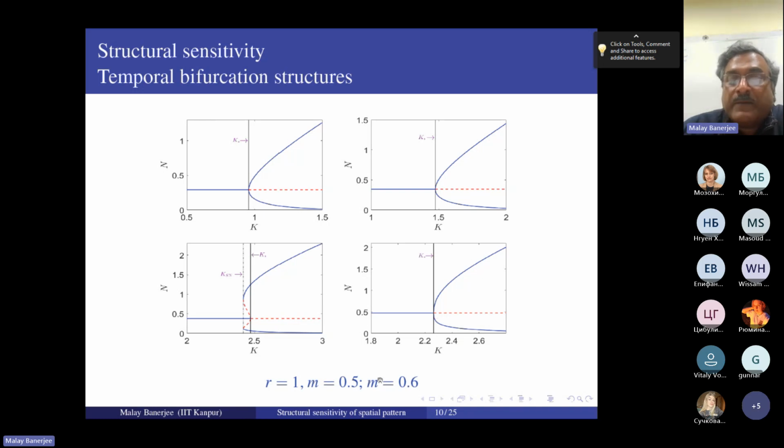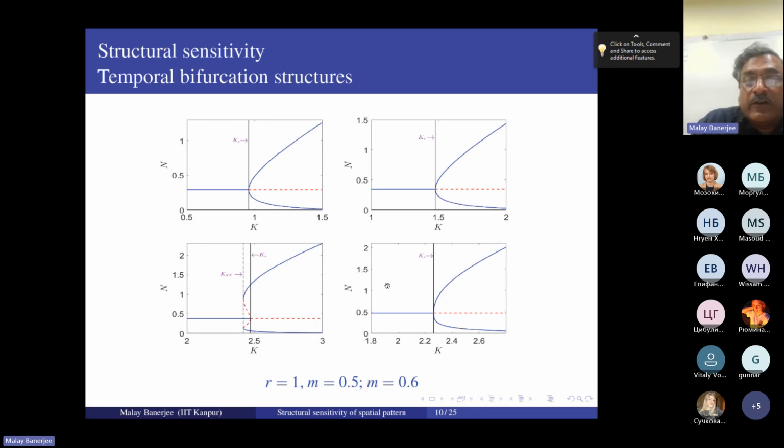But for this figure, we have considered m equal to 0.6 just to answer the question: is it true that if we consider a tanh functional response, we will always have subcritical or supercritical Hopf? The answer is that depending upon other parameter values, we can have only supercritical, no subcritical Hopf bifurcation, or for another parameter set there is a subcritical Hopf bifurcation, but the stable limit cycle is generated through a global bifurcation called saddle-node bifurcation of limit cycle.